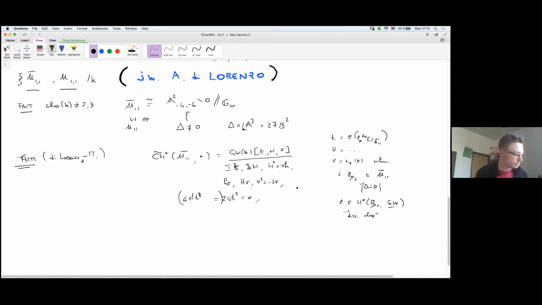And the last relation is that 12HT squared is equal to BT. Okay. Right.